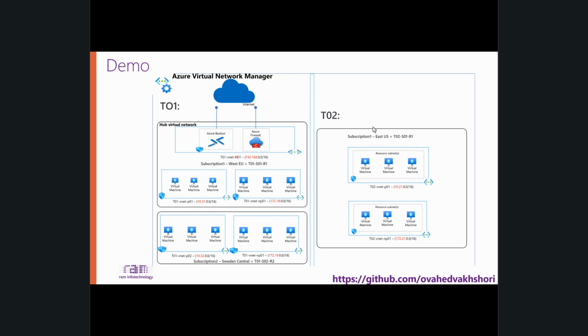Then I'm going to deploy Azure Virtual Network Manager in our first tenant and then delegate our second tenant totally to Azure Virtual Network Manager. Therefore, I can manage everything that belongs to the second tenant, which is T2, by our Azure Virtual Network Manager.